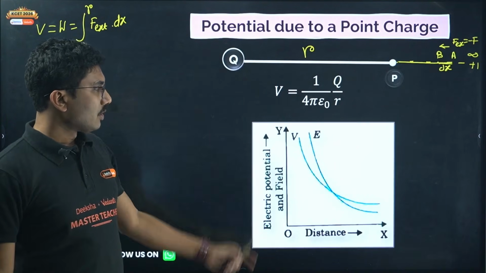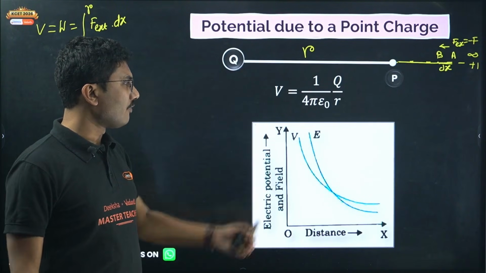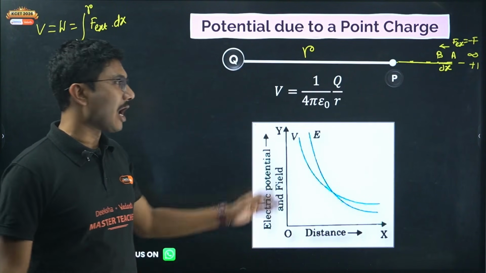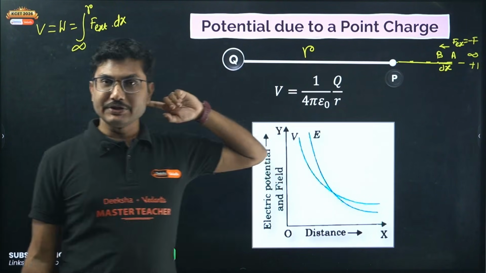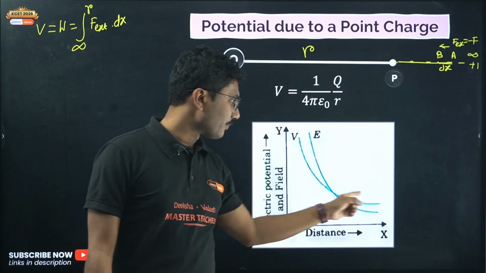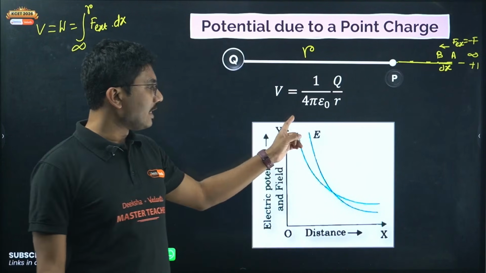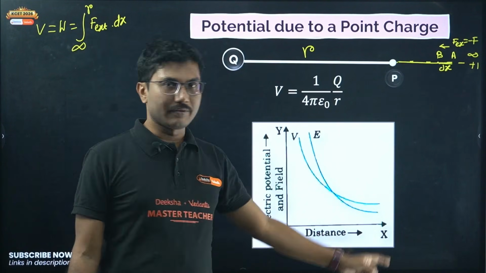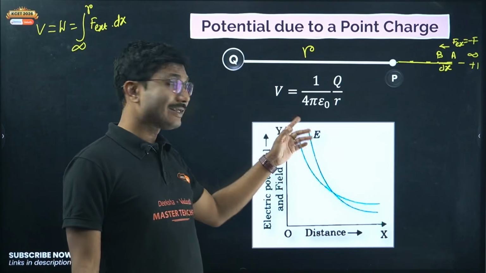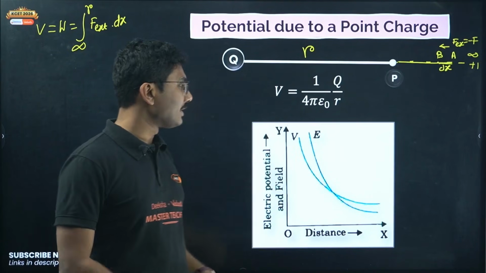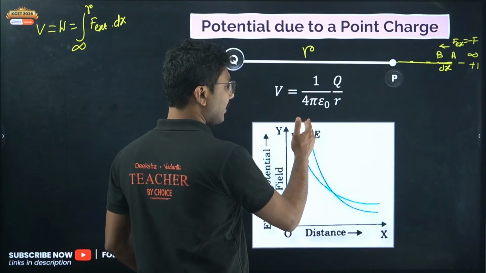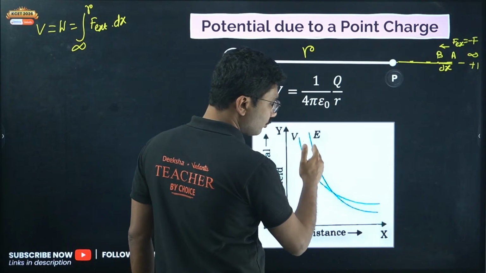Now if you plot the graph of V versus X, how potential changes with distance, you will get this graph. Here we also have the E versus X graph, how the electric field changes with distance. The electric field generally starts at a higher value, but it goes to 0 much quicker.